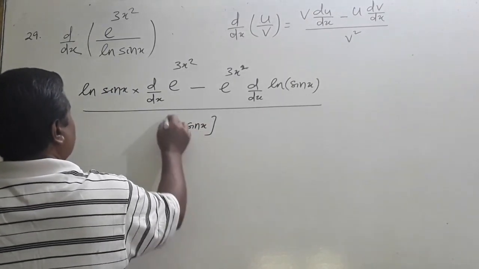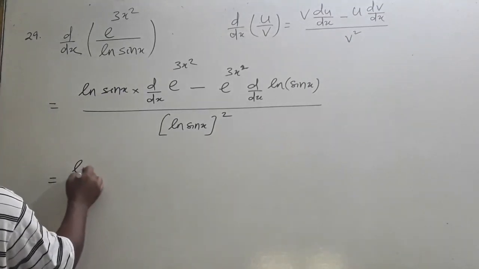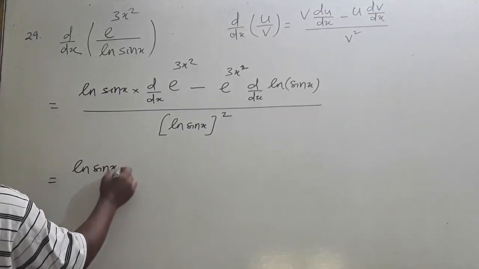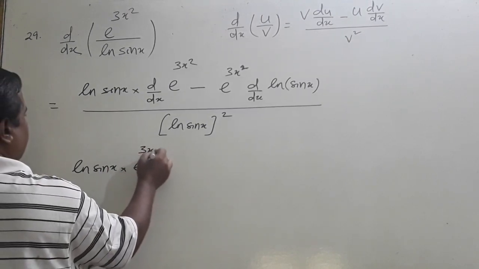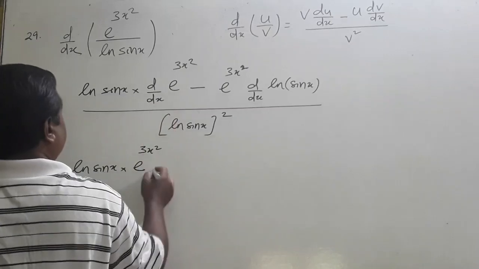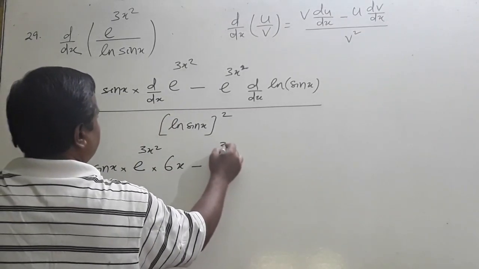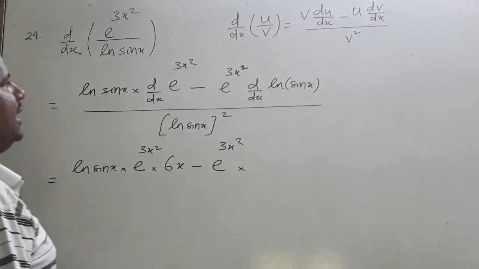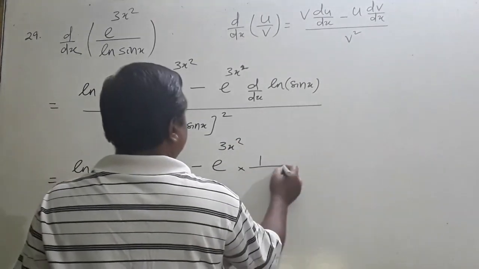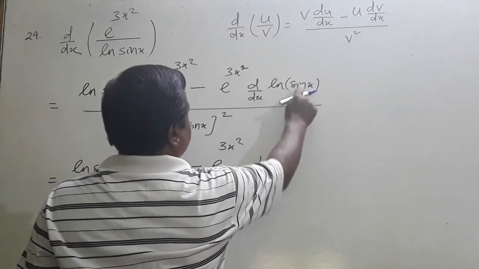It becomes ln sin x into e to the power 3x square into derivative of 3x square, 6x, minus e to the power 3x square into d/dx of ln box. You know it is 1 by box, means 1 by sin x, into d/dx of this.